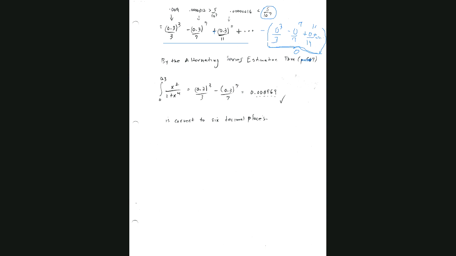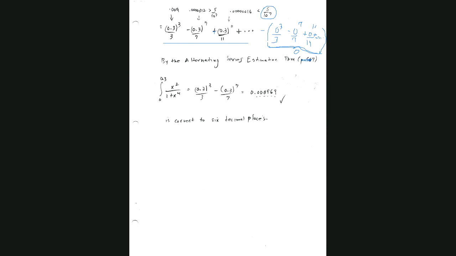last term. So 0.3 to the 11th over 11 is less than 5 over 10 to the 7th. Again, we want correct to 6 decimal places, so it's 5 over 10 to the 7th power. If we wanted correct to 8 decimal places, we would have 5 over 10 to the 9th power.